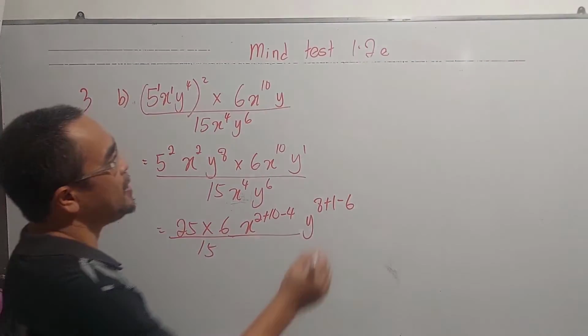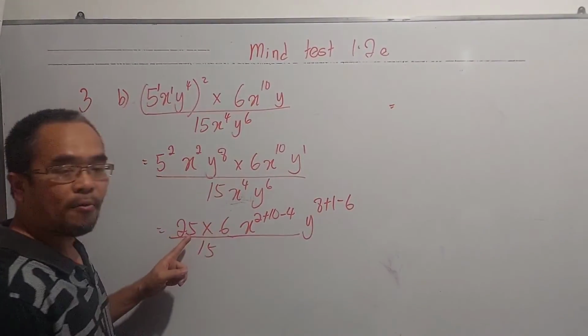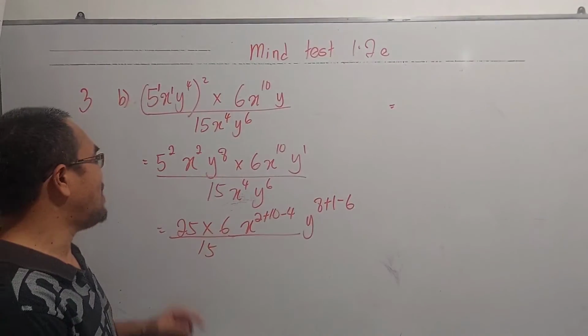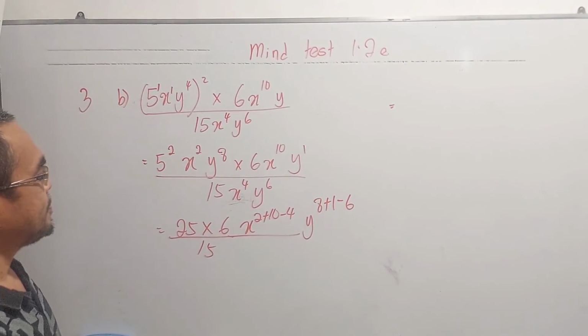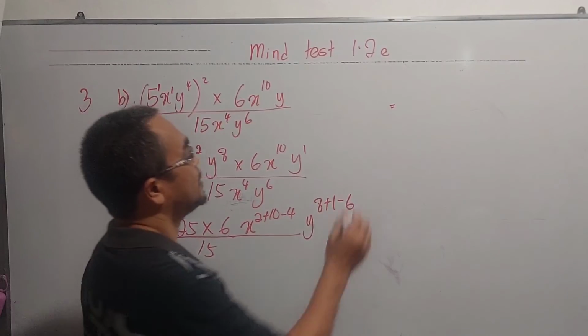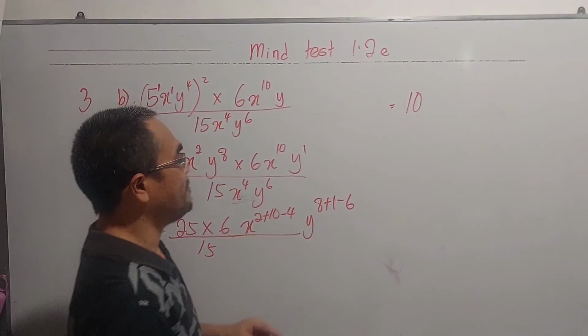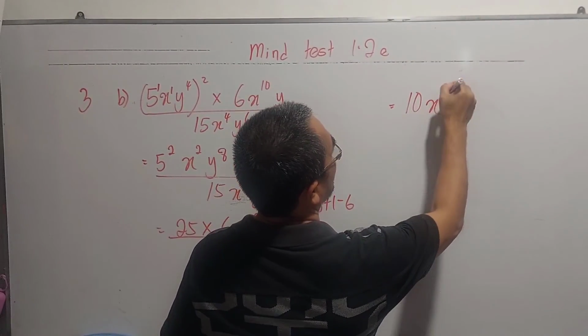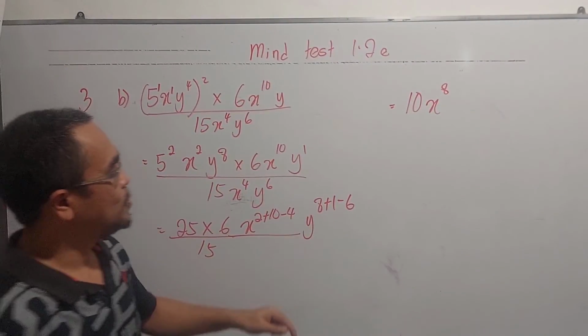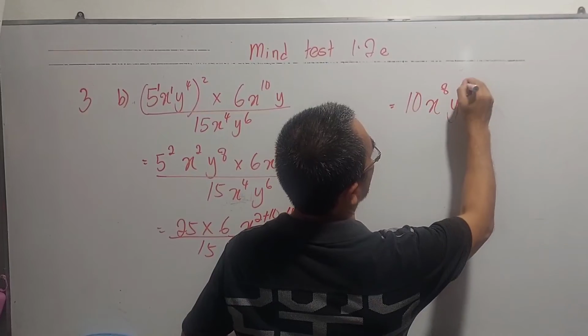Okay? Then help me with calculator. What is the value of 25 times 6 divided by 50? 10. Okay, so we have 10, and then x to the power of 8, and the y to the power of 3.